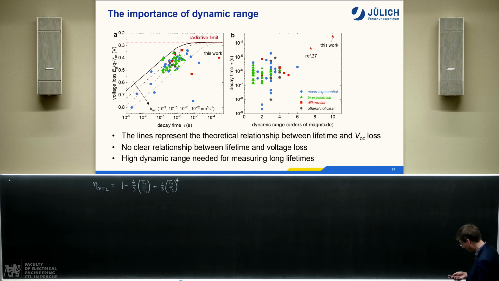But it's interesting from a fundamental point of view of understanding what a lifetime or decay time is. Because I now claim we can see something like 300 microseconds. And it's only a matter of measuring for sufficiently long. Okay, good. And this is all about doing this with this specific setup and this CCD camera.